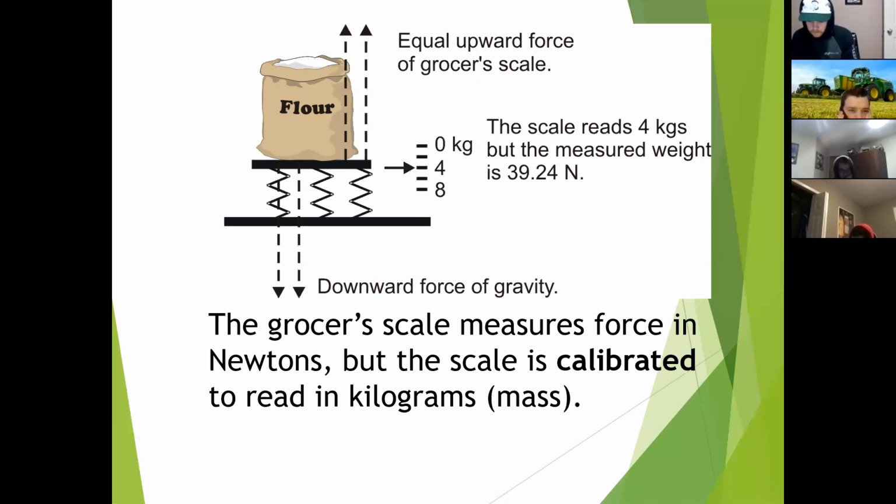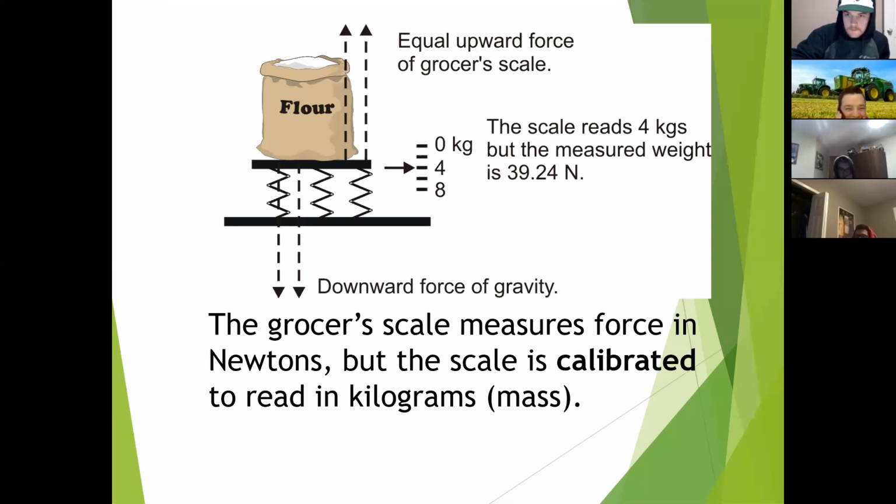But if you want to talk with the big leagues, it's up, not down. Anyways, so we've got this gravitational force down, and we've got an equal force of the Grocer's scale going up, and that indicates to us that the scale's reading 4 kilograms. But the measured weight is actually 39.24 newtons. Okay? And that's just one of those examples that you can see for the Grocer's scale.